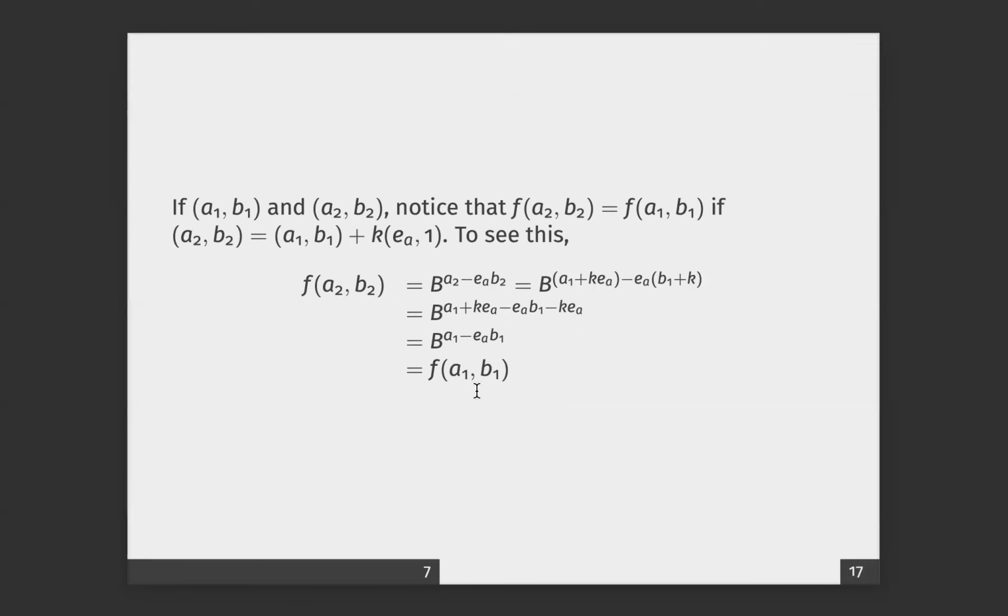Now, to show that it is a periodic function, for example, if you define A2 and B2 to be equal to this one here, then you will see that f of A1 B1 is equal to f of A2 B2.